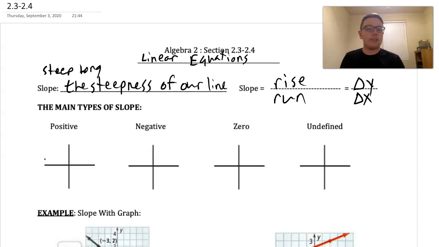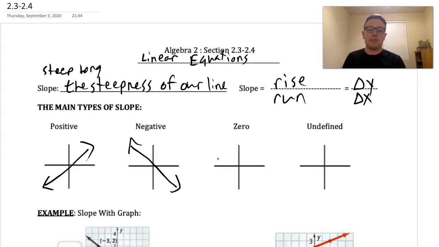Now we have four main types of slopes here. The first one we have is positive. Remember, when we're looking at these, we always go from left to right. So positive is going from left to right, we increase. We have our negative, which is going from left to right, we decrease, our rise is downward.